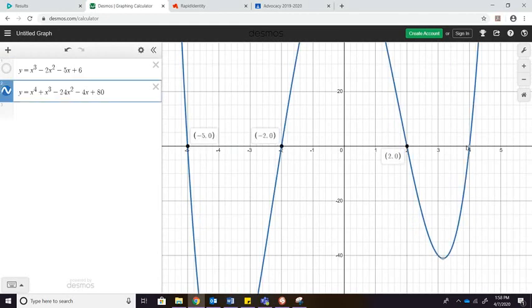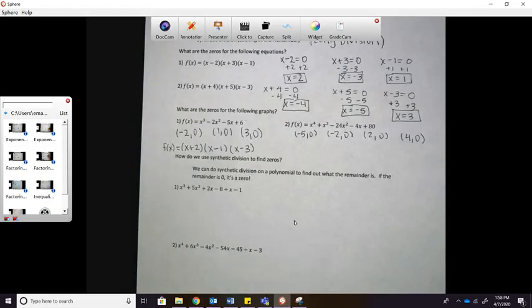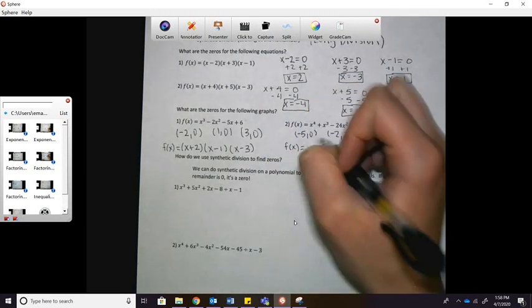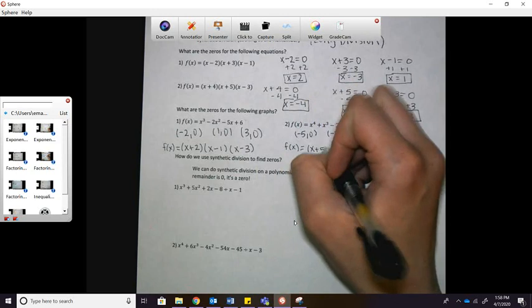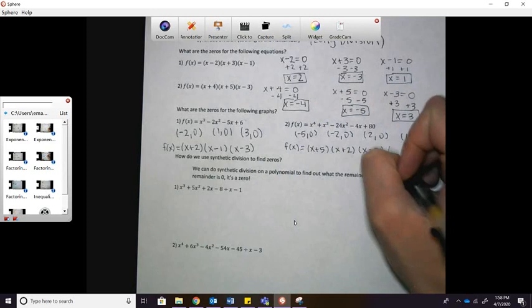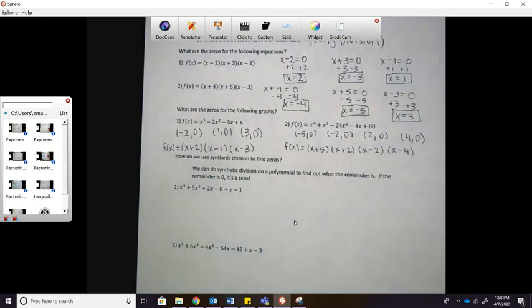I'm going to click on each one, and you can probably see pretty clearly that what they go through on the x-axis is the 0. So I have a 0 at -5, -2, 2, and +4. So again, I'm going to put that back into factored form. So I'm going to say we have x plus 5, x plus 2, x minus 2, and x minus 4, and there are my 4 zeros.